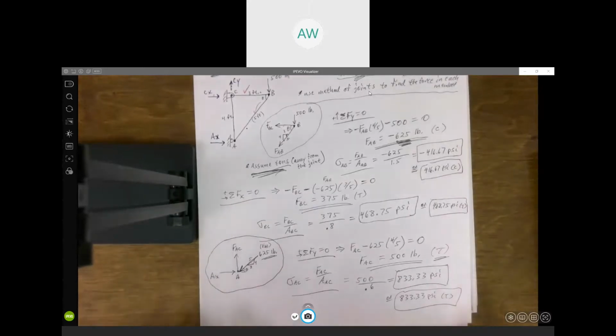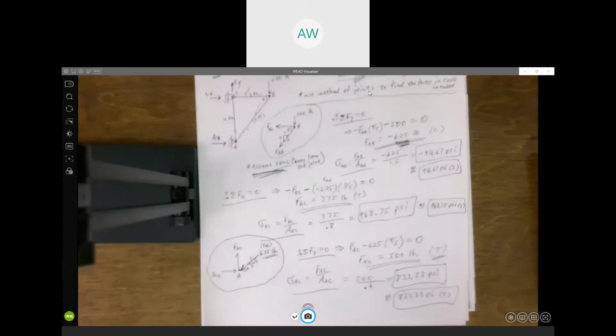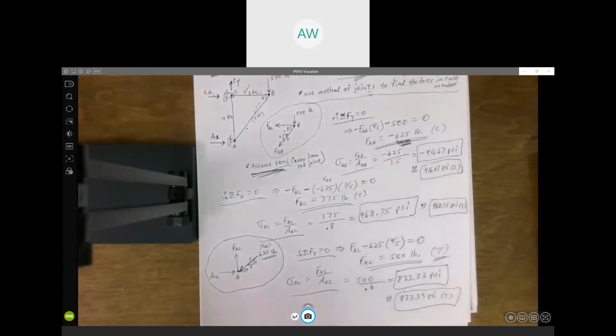And notice we never had to find what AX or CX or CY were. Right? We never had to calculate those. And it's always good to be as efficient as possible. Don't do work that's not necessary, for several reasons. One, in the real world, time is money, and you don't want to spend time doing unnecessary work.